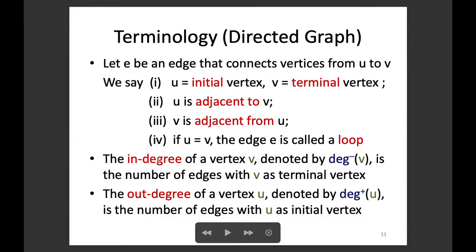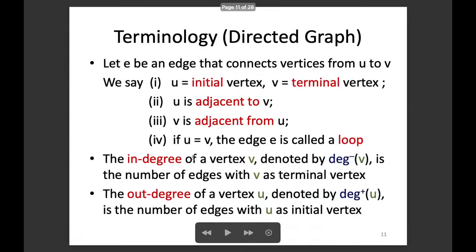We talk about the in-degree and also the out-degree. The in-degree is the number of edges pointing into V, coming into V. And the out-degree is the number of edges going out from V. So minus means coming in, plus means going out.